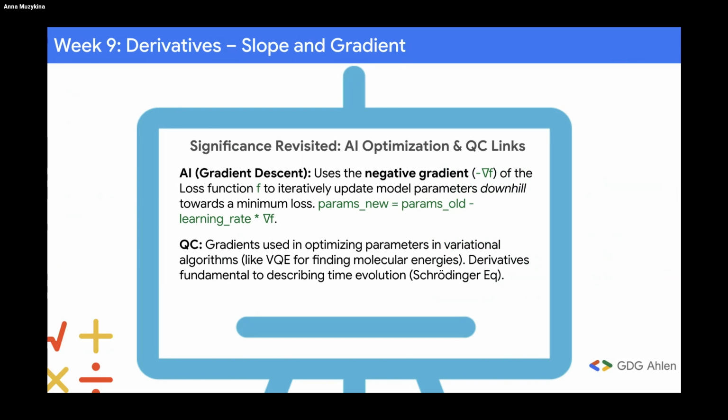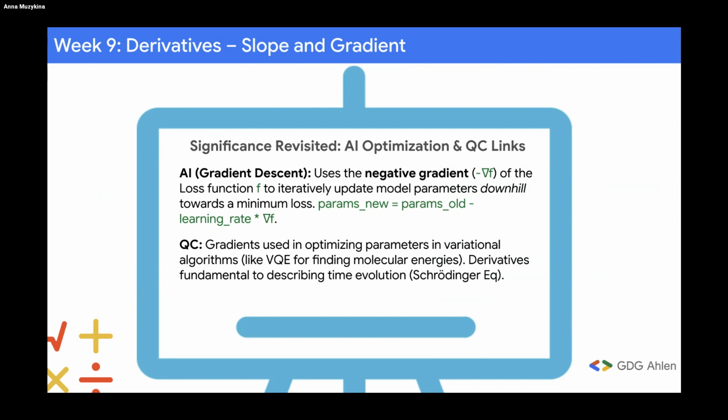Let's explicitly revisit why derivatives and gradients are so critical for AI and quantum computing. For AI, it's exactly gradient descent. Remember, training often means minimizing a loss function. Gradient descent does this iteratively.